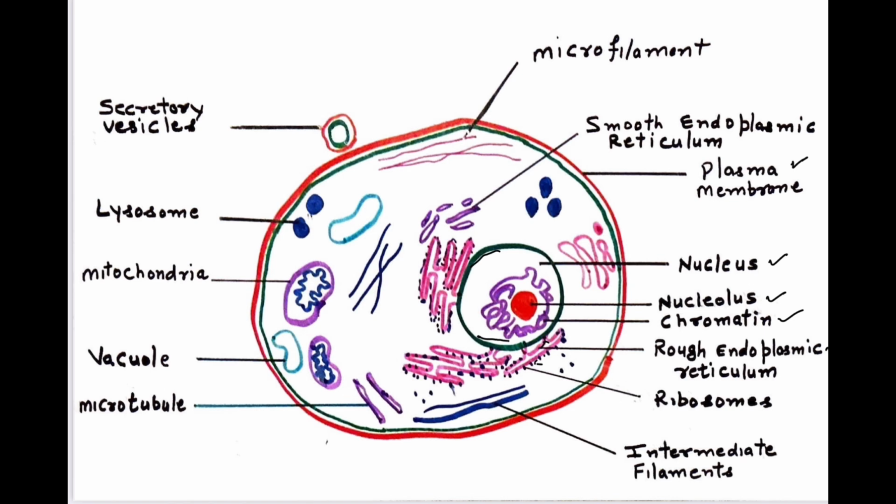So what happens is, when messages come from the nucleus and are transferred to the endoplasmic reticulum, these ribosomes that are attached to the surface of this endoplasmic reticulum play a part in producing proteins. So that's the function of the ribosomes.